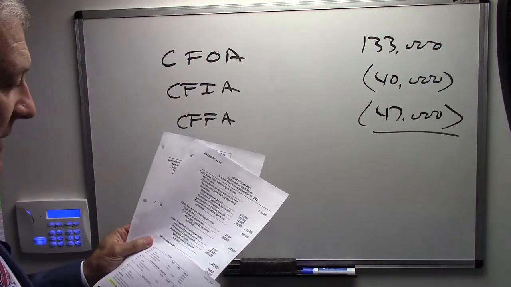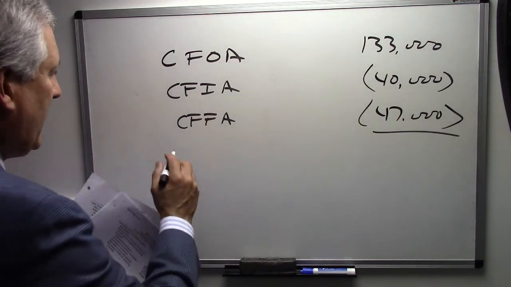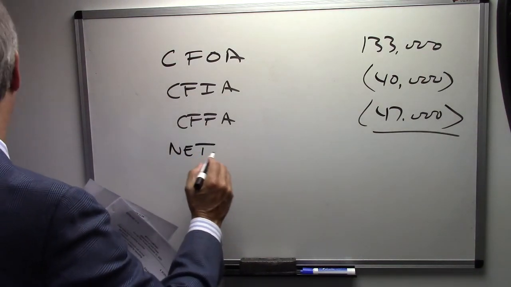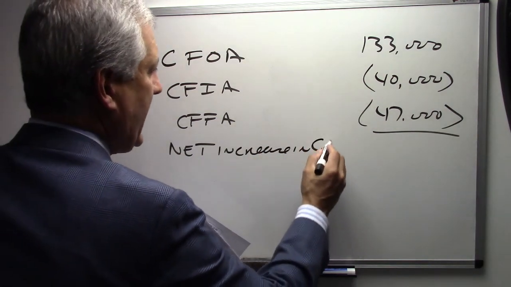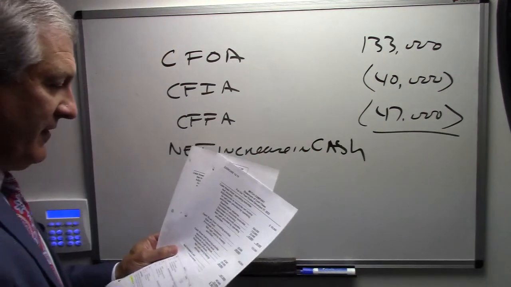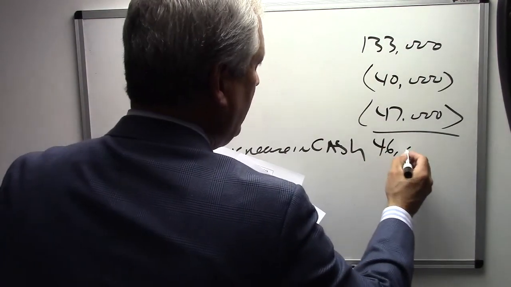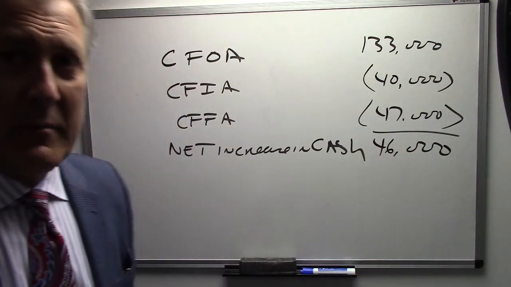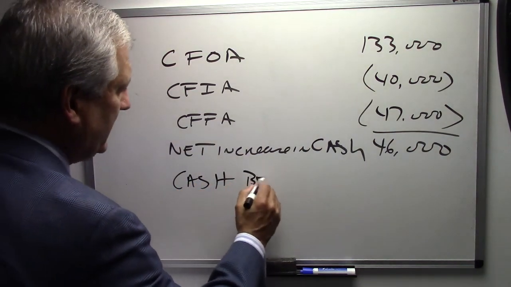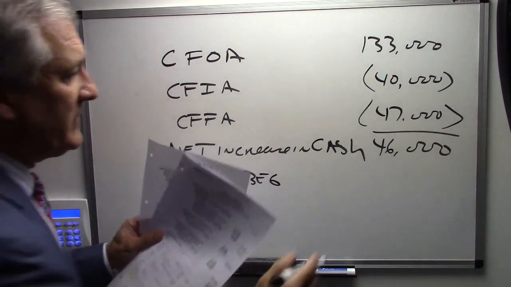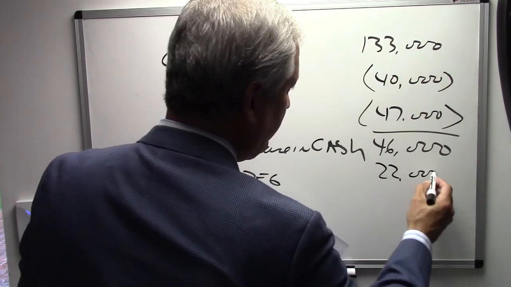133 minus 40 minus 47. That's a net positive, so we have a net increase in cash of $46,000. If we go to the balance sheet, we have cash beginning of $22,000 from the balance sheet.